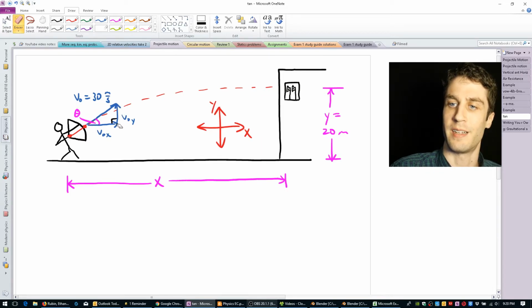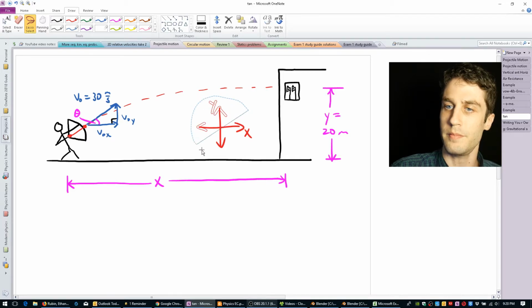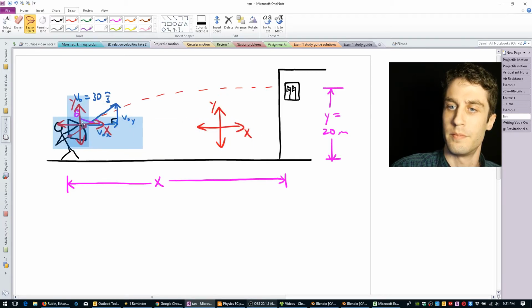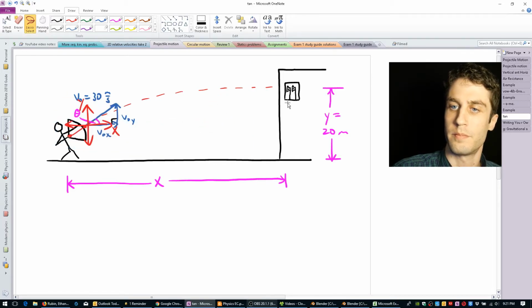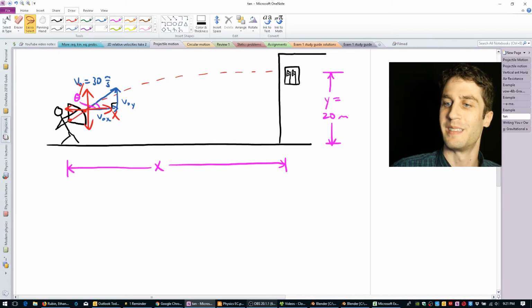It has components v naught x and v naught y. And we want the arrow to level off such that it flies directly horizontally through these two axes that are sitting in this window, and the axes are 20 meters above where he stands. Okay. All right, so this is basically illegible, but whatever.